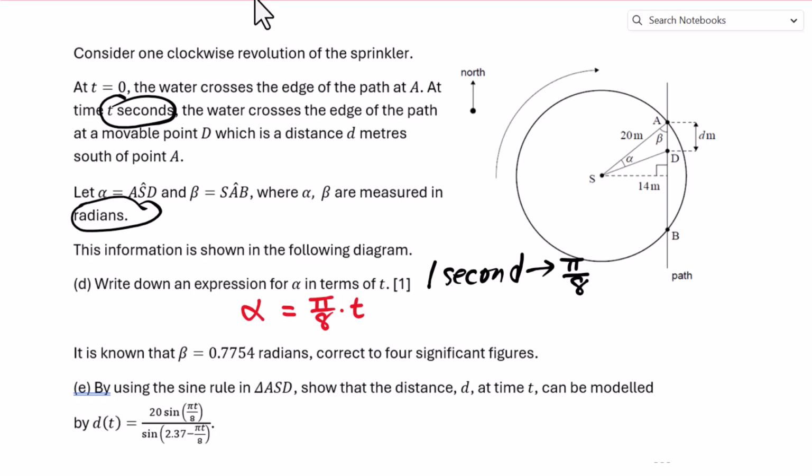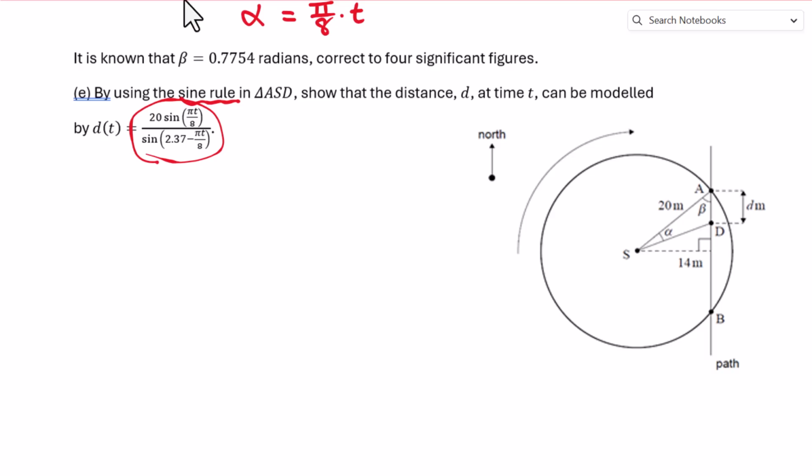By using the sine rule in triangle ASD, show that the distance d at time t can be modeled by d of t equals this. We will use the sine law to figure out this d.